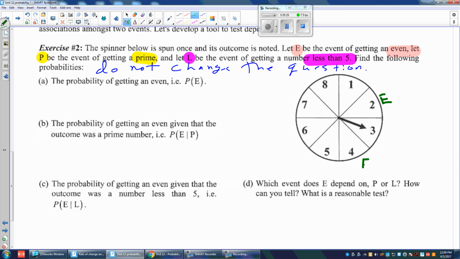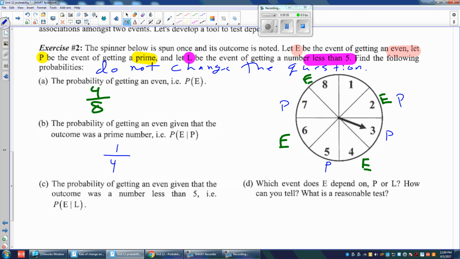Even, even, even, even. 4 out of 8. The probability of getting an even given that the outcome was prime. Prime, prime, prime, prime. There are 4 primes.